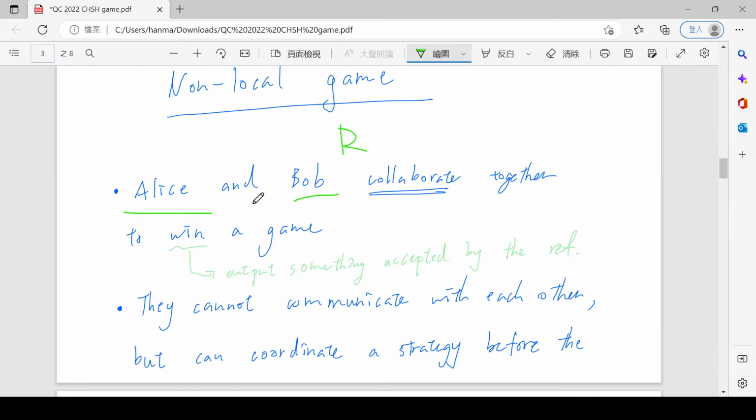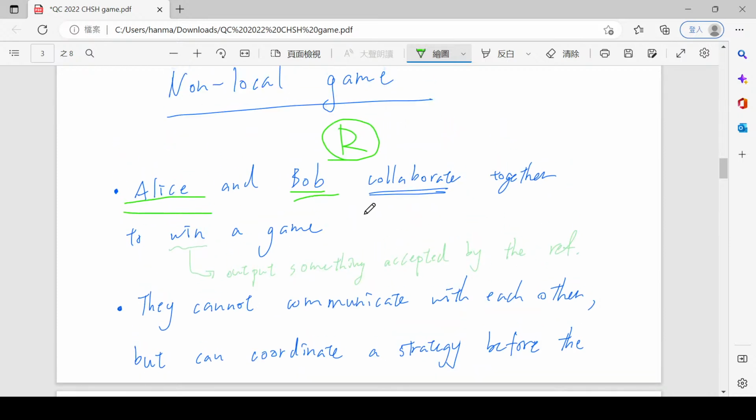The referee is someone that will set up the game and just judge how Alice and Bob do in their game. The referee is not really a player because the referee doesn't have a strategy. You just follow a rule and set up the game. And Alice and Bob are players, so Alice and Bob have a strategy.